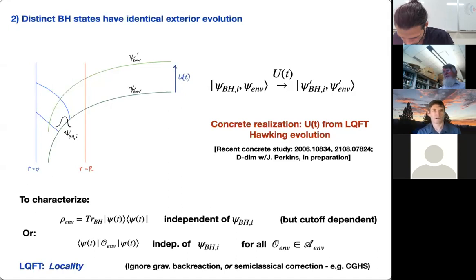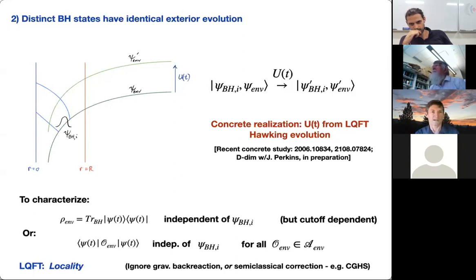Another way that avoids some of that story is to just think about operators that correspond to observables in the environment and look at their expectation values in the evolving quantum state. And then the statement is that those expectation values are independent of whatever you started out with the internal part of the quantum state, for all such observables in the algebra of the environment, so to speak.